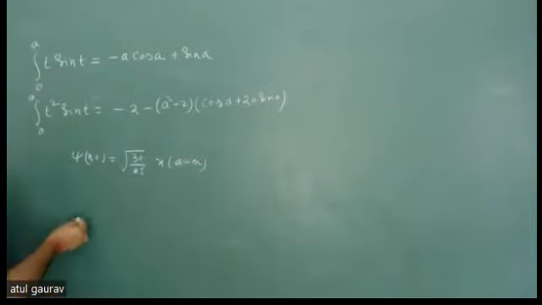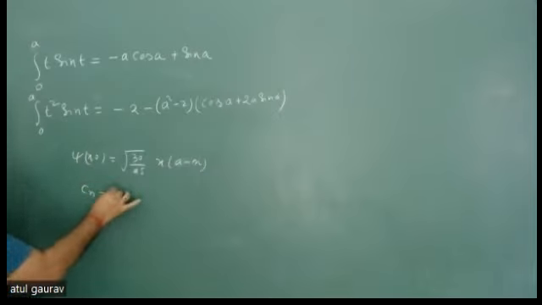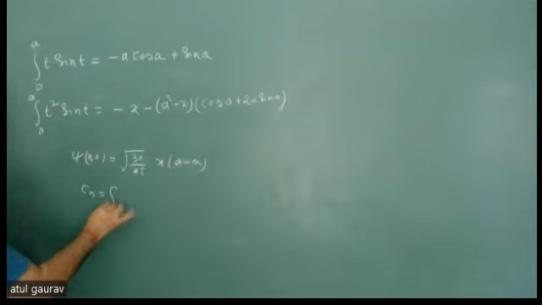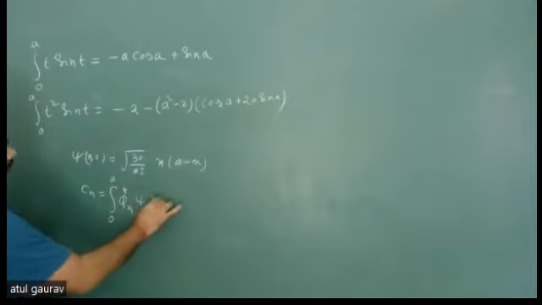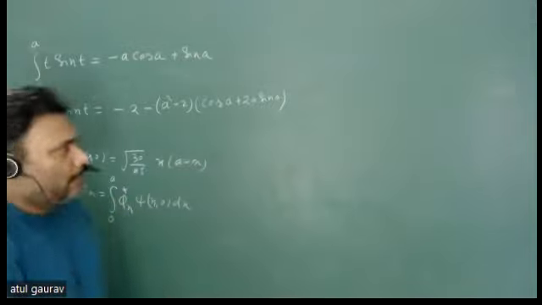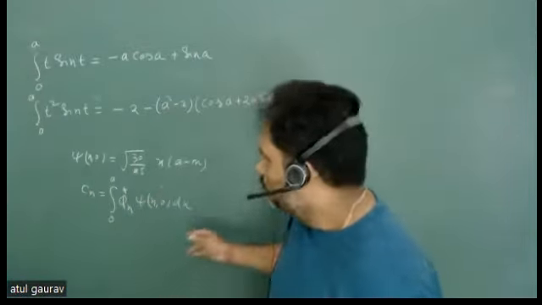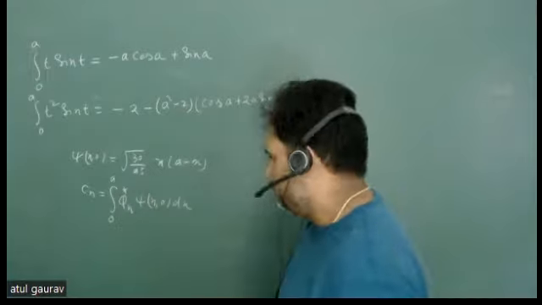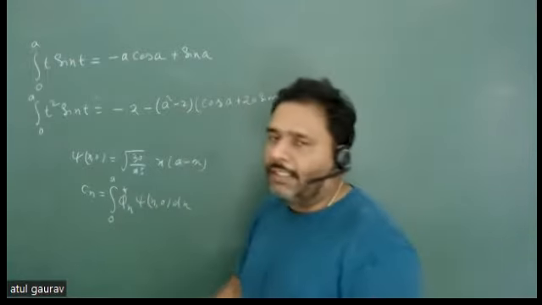So what is the value of Cn? Cn is nothing but, as we all know, the integral from 0 to a of phi n star psi x,0 dx. This is our value of Cn. So we have to do this integration. That's it. Once we do this integration, everything is a cakewalk.